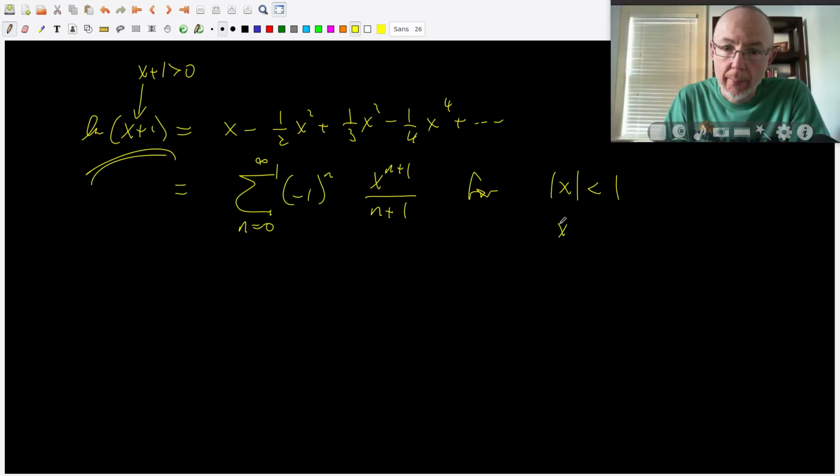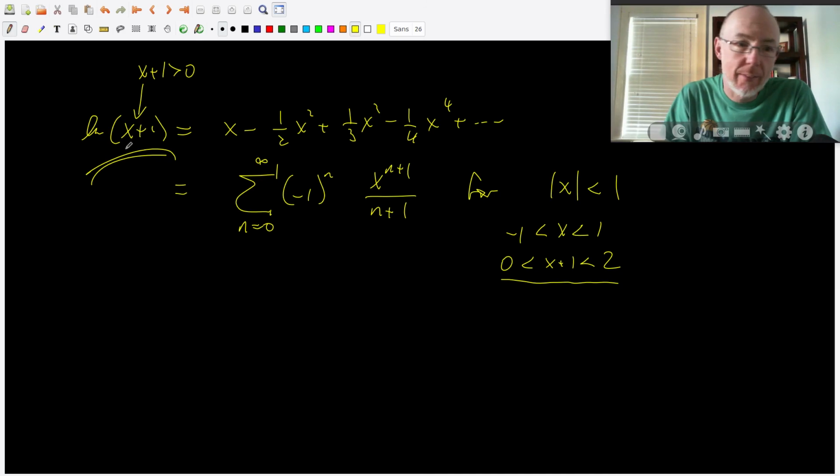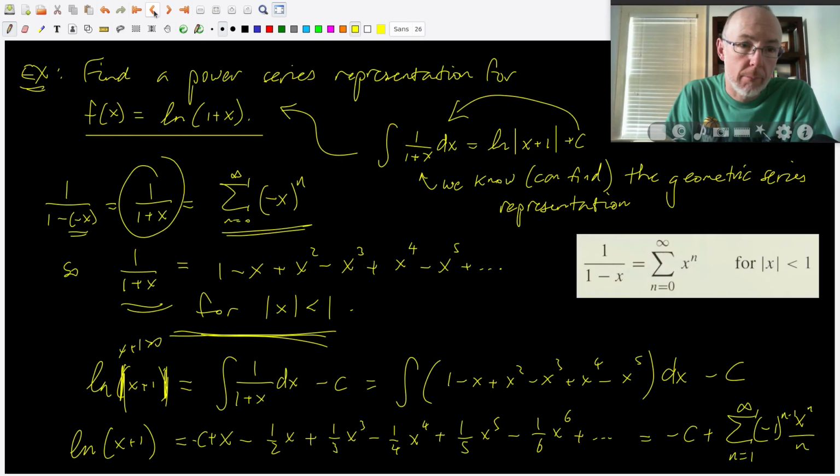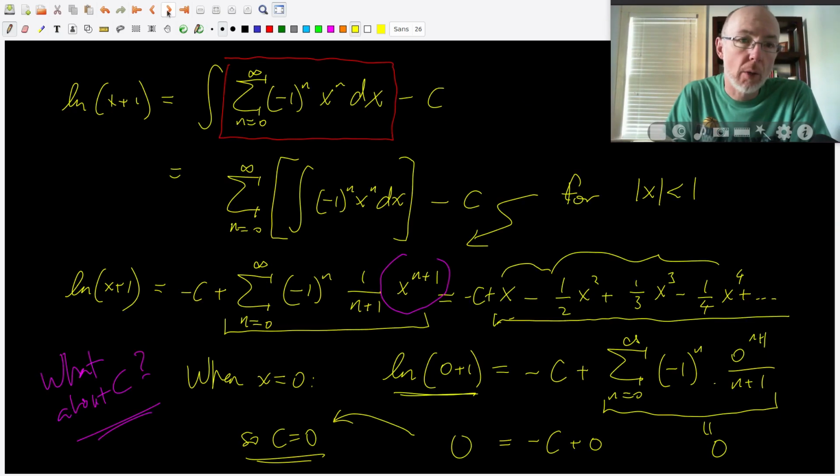And another way to say that is x is between minus 1 and 1. In other words, x plus 1 is greater than 0 and less than 2. That's the value we're actually taking the log of. And notice I didn't say it carefully at the time, but I dropped the absolute value in the natural log because I knew x plus 1 was bigger than 0. So I'm taking the natural log of a positive number here.